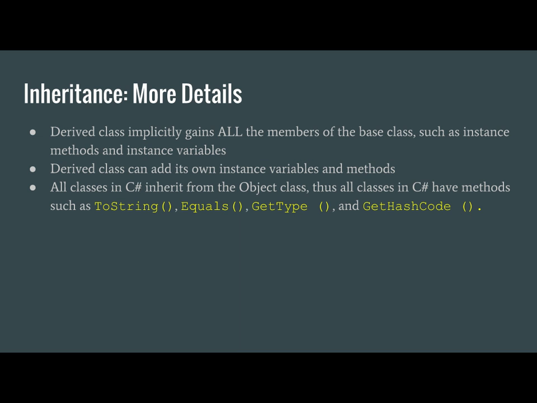A derived class has its own specializations, so it can have its own instance variables and instance methods which are not defined in the base class. And of course, because every class in C# inherits from the object class, and the object class contains these 4 methods that we're going to typically use, all classes in C# contain these 4 methods.